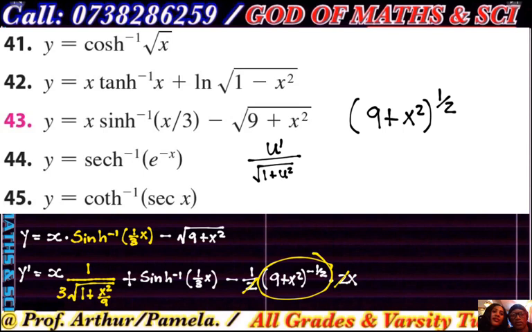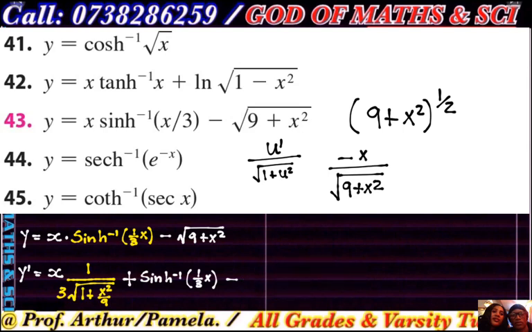But let's not forget this x here. So it's going to be, when I fix here at the top using the minus and that x, minus x divided by the root of 9 plus x squared. That's what we expect here. Alright, so let's remove all of that and we will put it there.